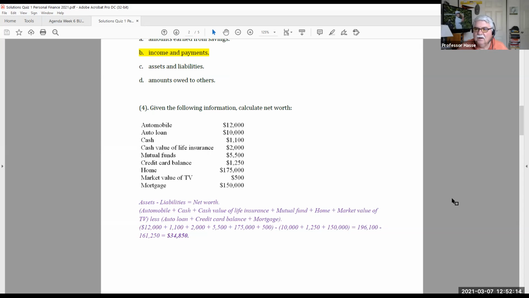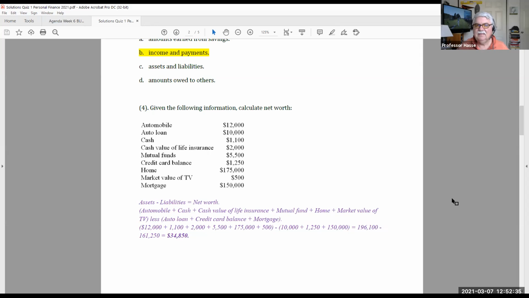Your liabilities are things as of today that you owe money on. Your automobile loan, $10,000. Your credit card balance, $1,250. And the big kahuna, the mortgage on your house of $150,000. That's your total liabilities. Take all those into account. You have a net worth.